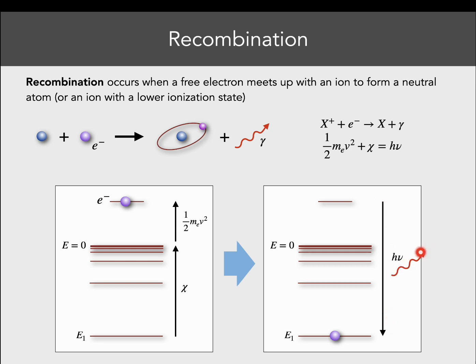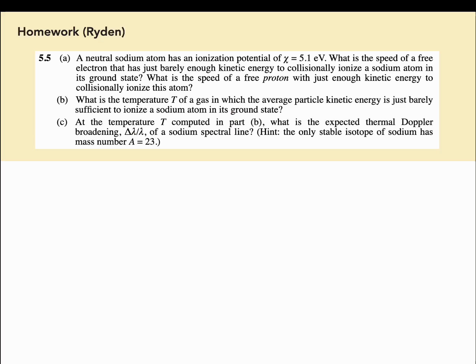So this energy difference is going to be h nu. This distance right here is 1/2 mv squared, and this is the ionization potential. So h nu, that total energy, is going to come from the kinetic energy of the original electron plus the ionization potential that's released when it recombines with the atom.